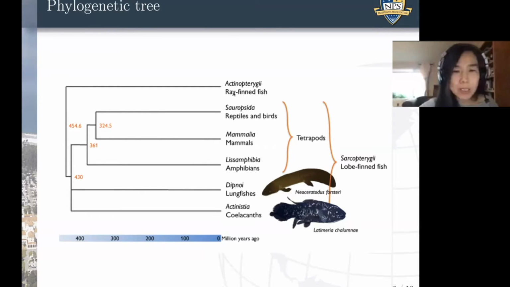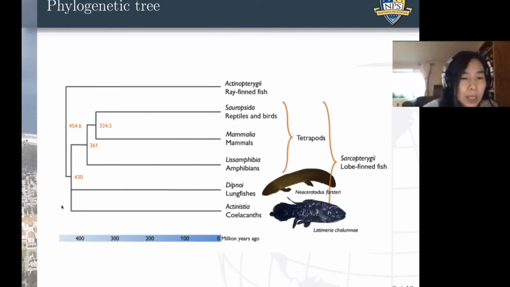So this is a phylogenetic tree, and the leaves of the tree are living species at the current time. The internal branches are basically the common ancestors, the ancestral nodes.